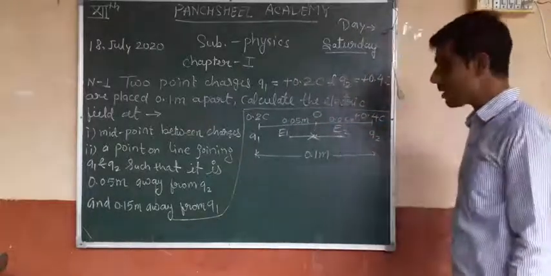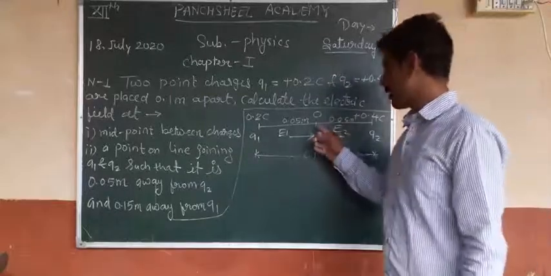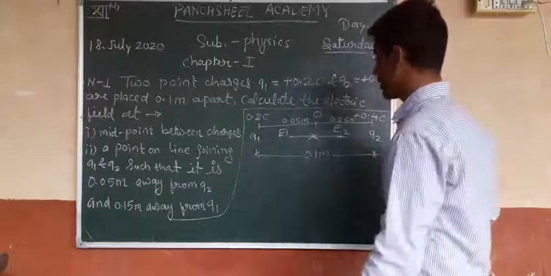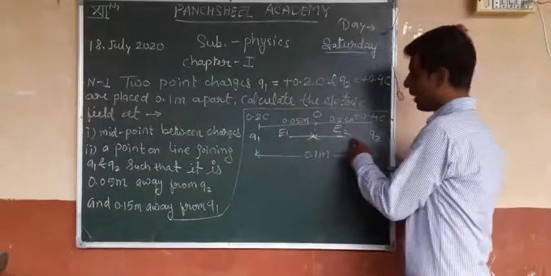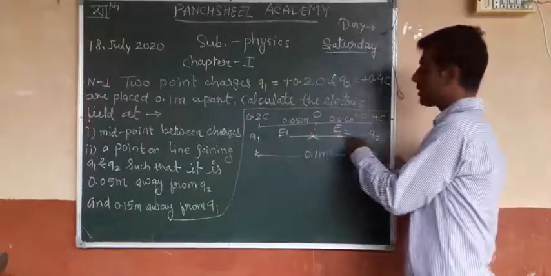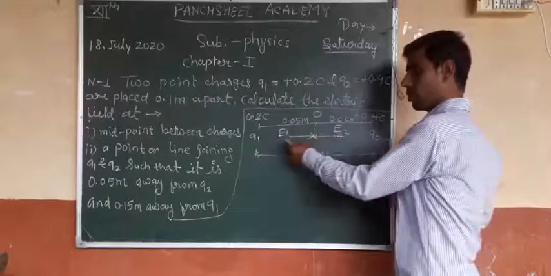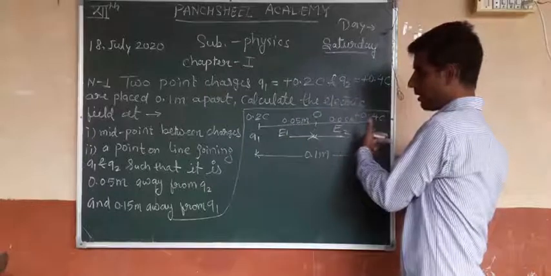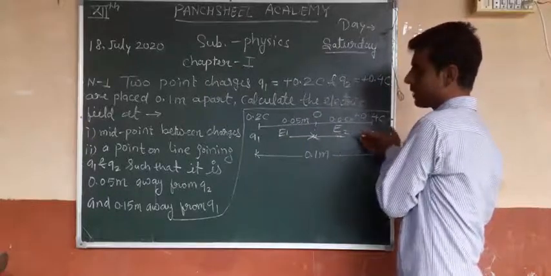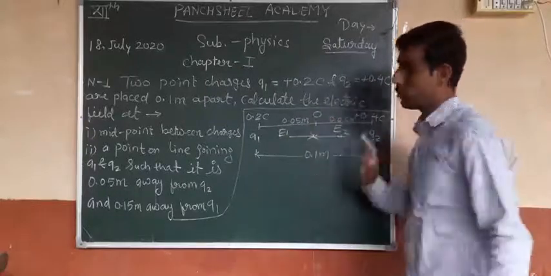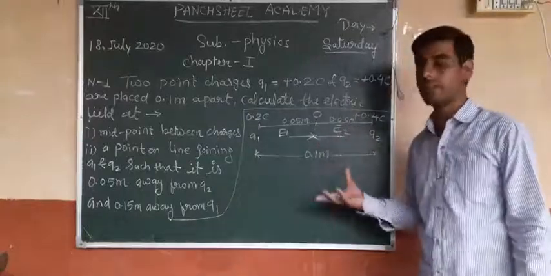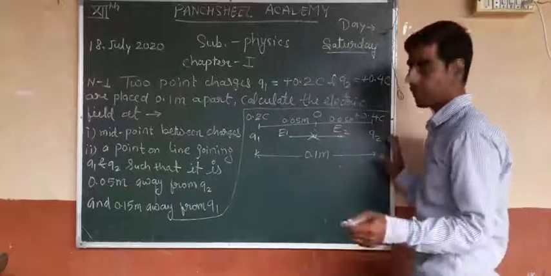Okay. Now at point O, the electric field due to Q1 charge is E1, and electric field due to Q2 charge is E2. So the direction of E1 is in this direction and the direction of E2 is in this direction. And what is the resultant of E1 and E2, we will find out.